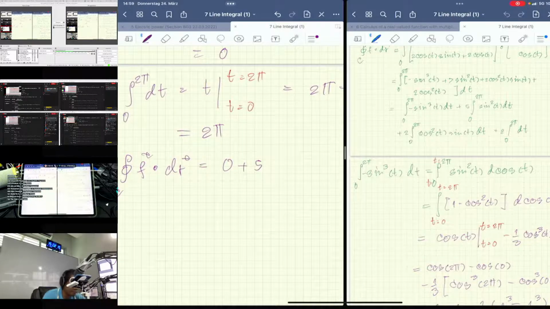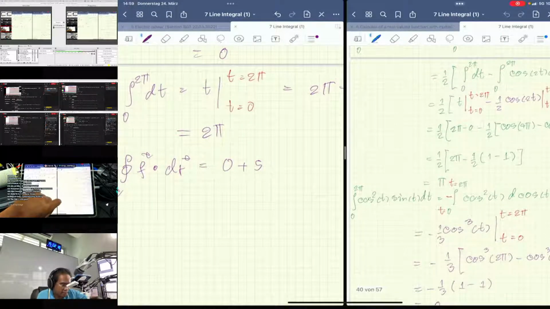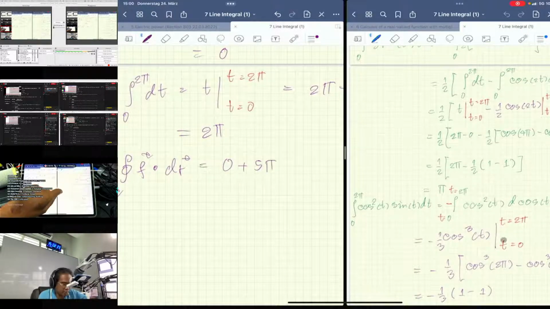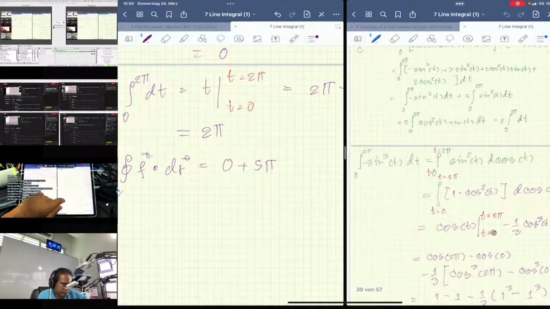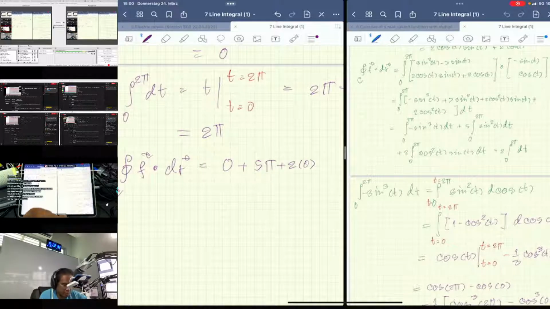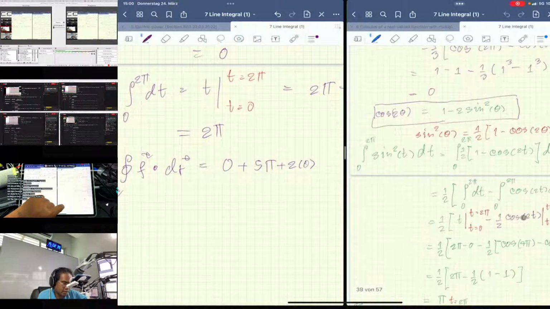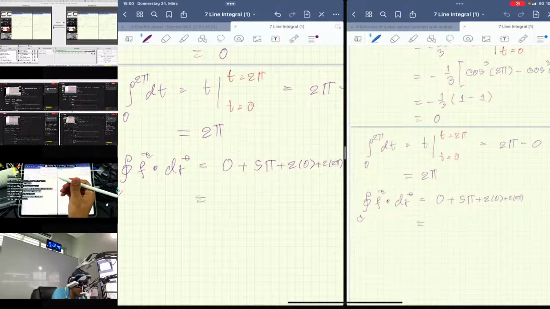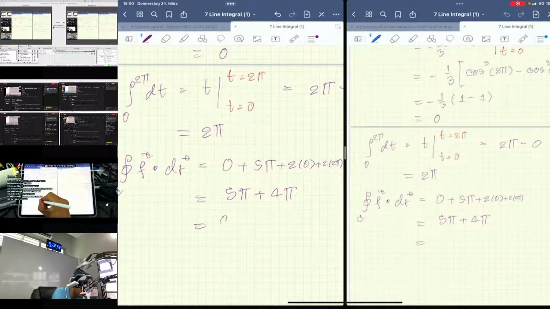The second term gives us pi. So this is pi. And the third term remains 0 plus 2 and 0. And the fourth term is 2 and 2 pi, right? So we have finally 5 pi plus 4 pi, which is 9 pi.